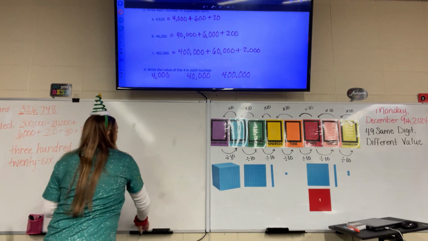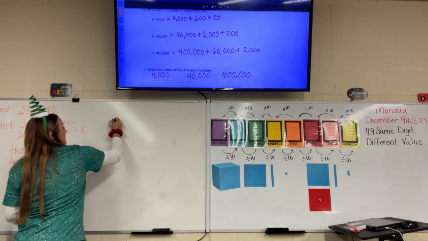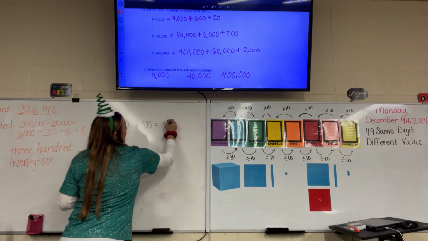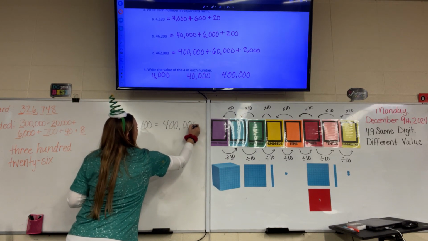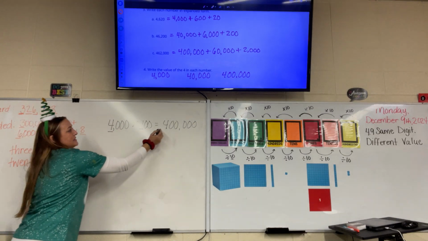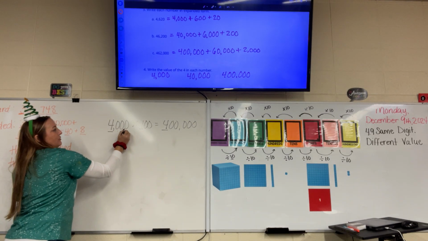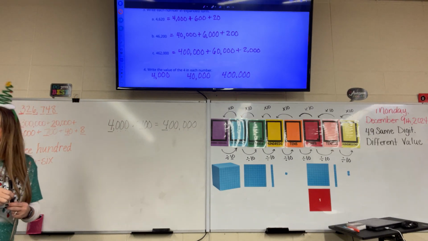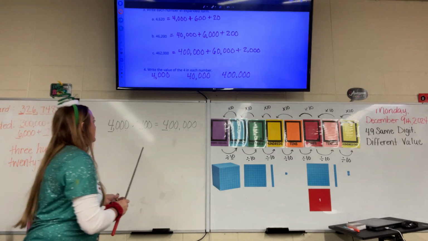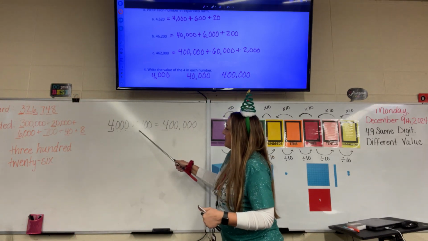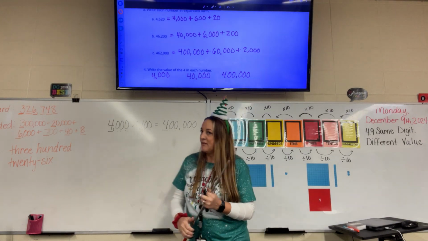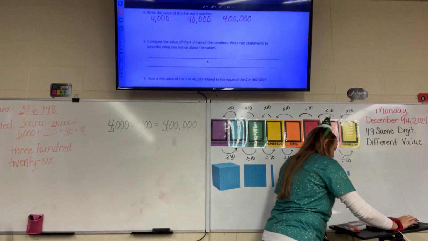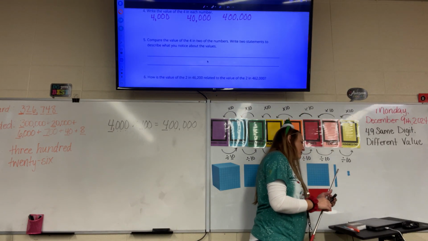So if we were to multiply 4,000 times 100, we would get 400,000. So watch. 4 times 1 is 4, and then 1, 2, 3, 4, 5. Does that make sense? Yeah. So that 1 in front is going to stay the same, and then we just have to match up the zeros.